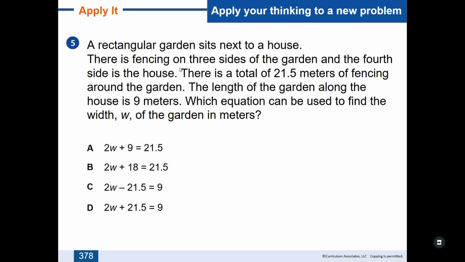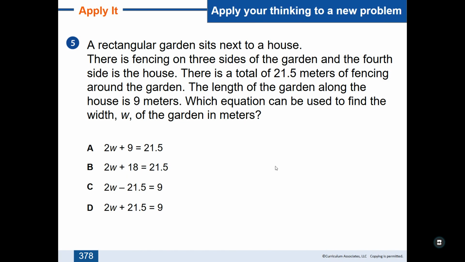Okay, a rectangular garden sits next to a house. There is fencing on 3 sides of the garden, and the 4th side is the house. So there is a total of 21.5 meters of fencing around the garden.